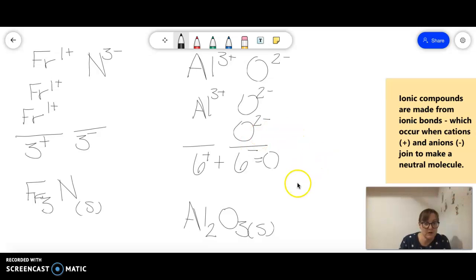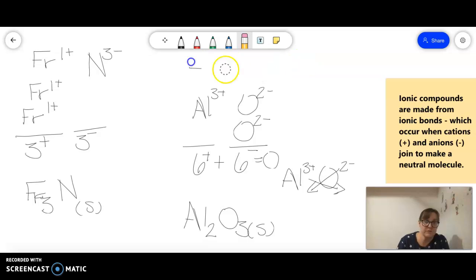So when you do that crossover method, Al3+ and O2-, you're crossing down these charges and eliminating this step. So it gives you the same information, it does the same thing, it's just trying to make it a little bit easier.